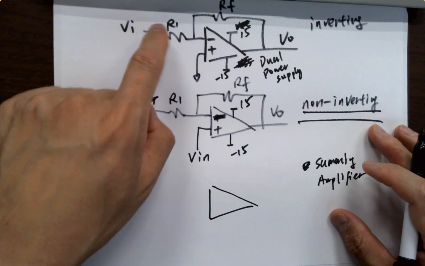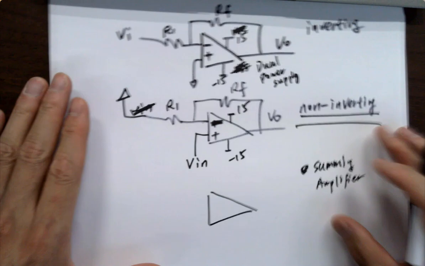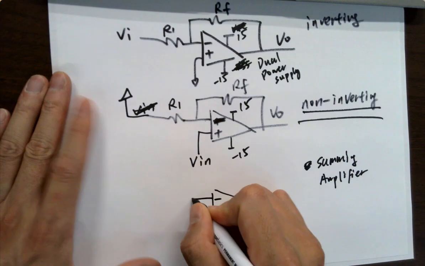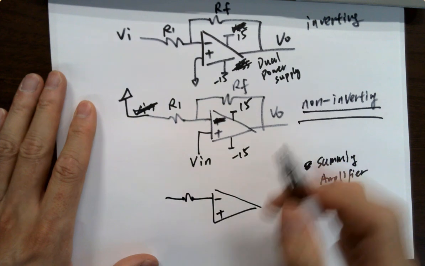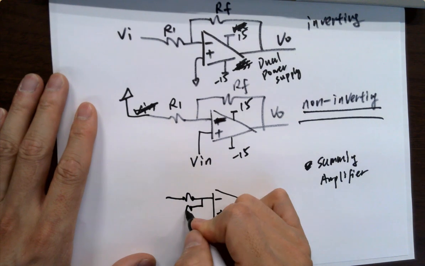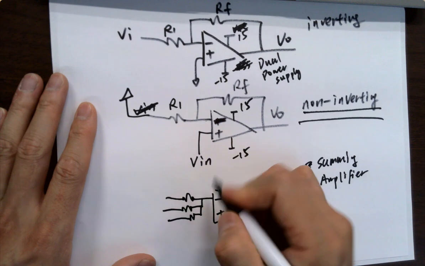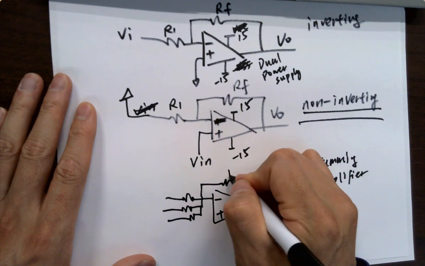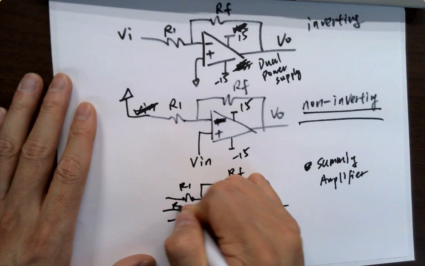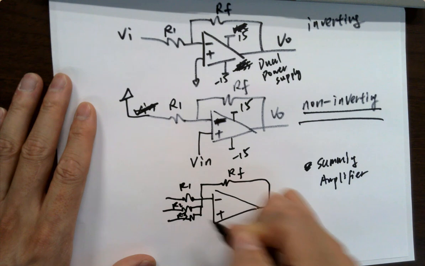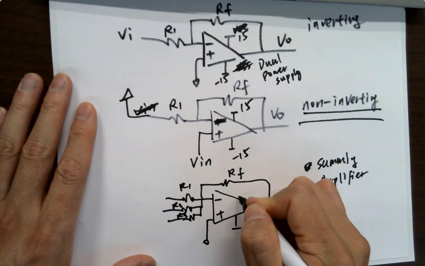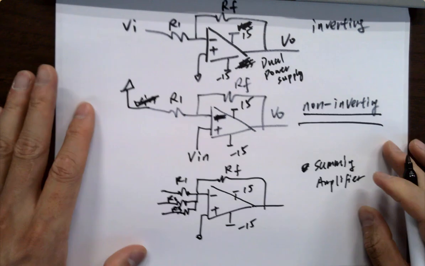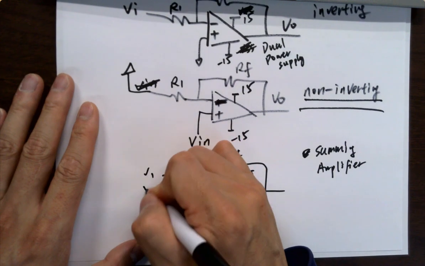But now let's just sum it at the inverting terminal. How does that work? R1, R2, R3. You got V1, V2, V3.